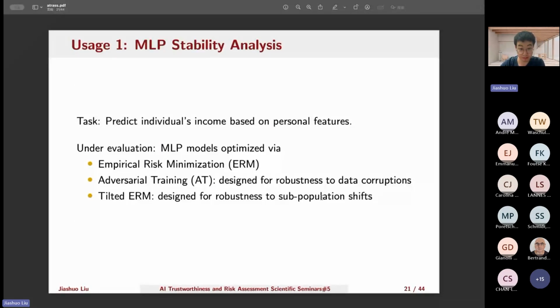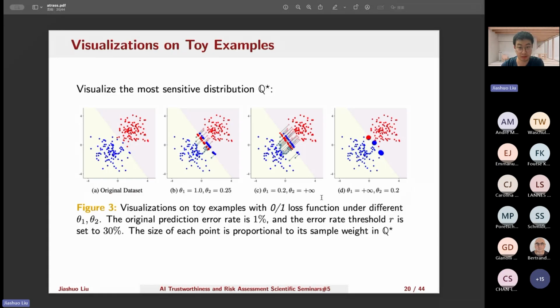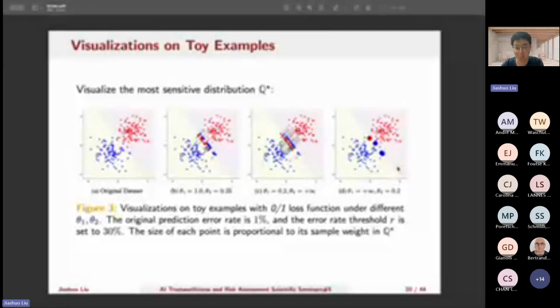Previously I mentioned that our metric considers two kinds of perturbations at the same time. To demonstrate this, for the last two figures, for example the third figure, we only consider data corruptions, and for the last figure, we only consider subpopulation shifts. You can see that for these two figures, we may have to do much more perturbation to destroy our model.